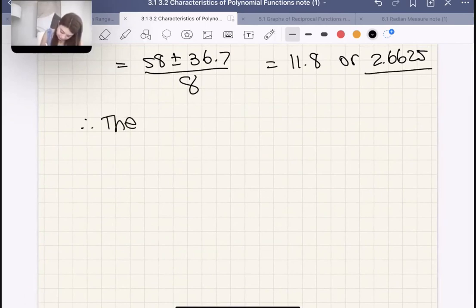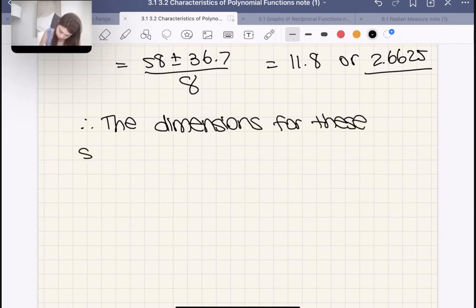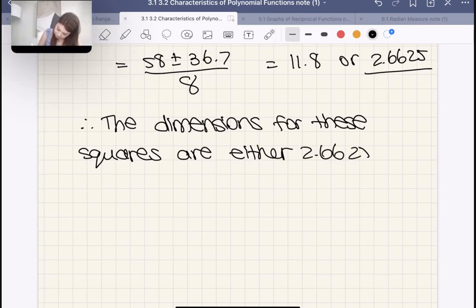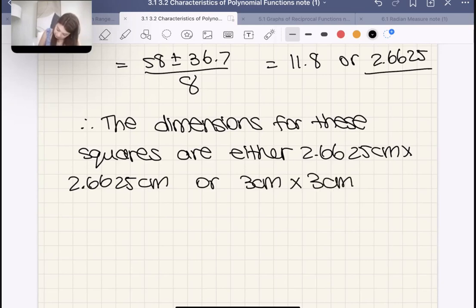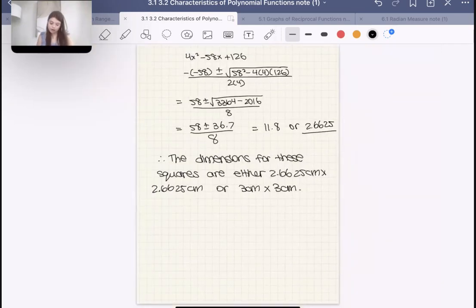Therefore, the dimensions for these squares are either 2.6625 centimeters by 2.6625 centimeters, or 3 centimeters by 3 centimeters. So those are our 2 possible answers.